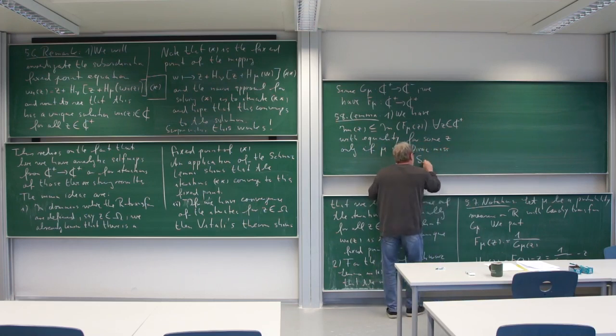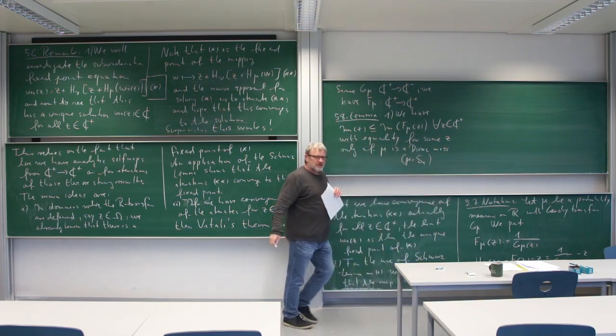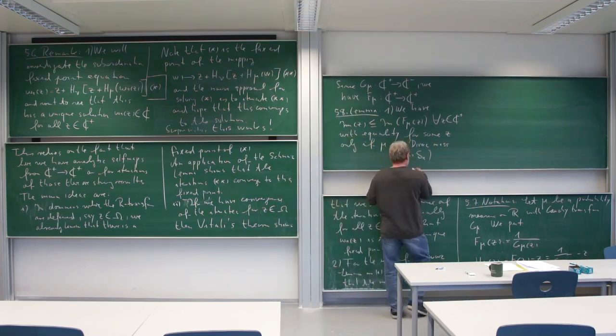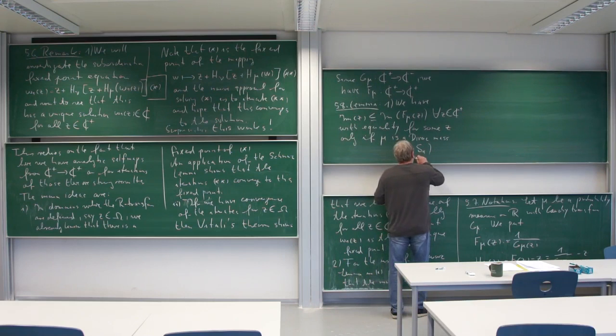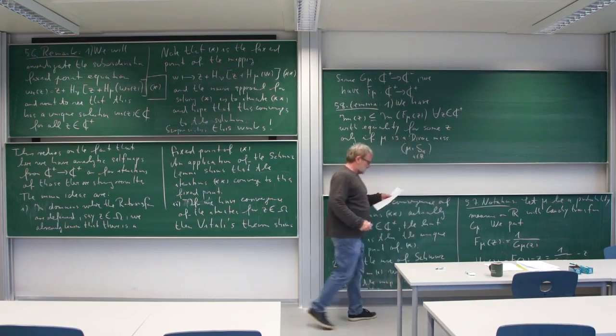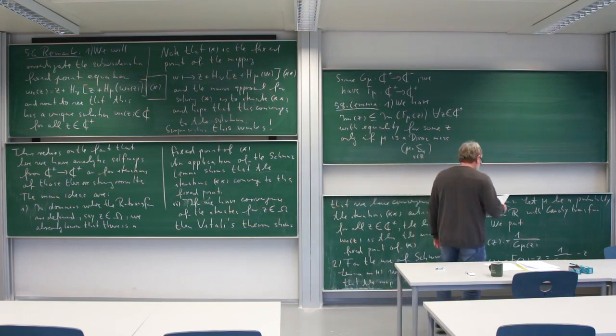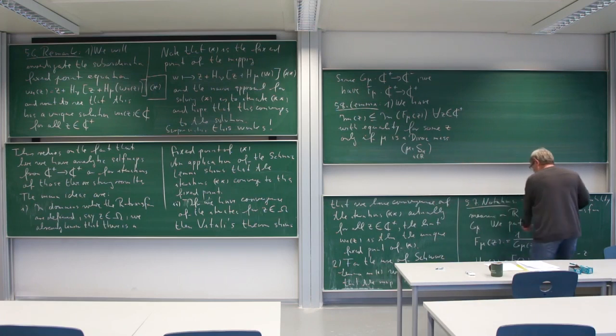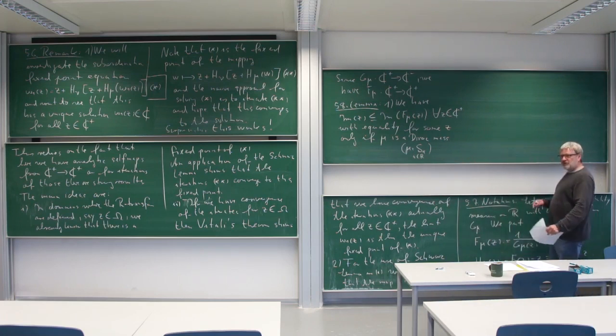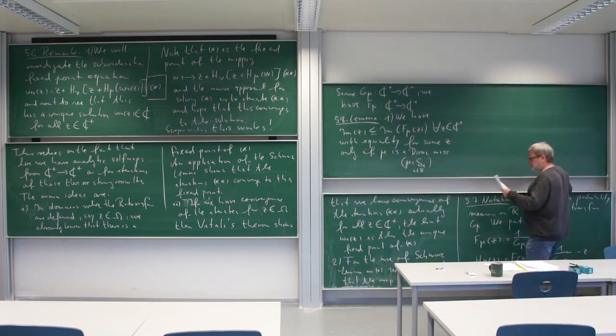This means mu is of the form delta A, a Dirac mass at A. And of course, if mu is not a Dirac mass, then this mapping H really is a mapping which goes into the upper half plane.